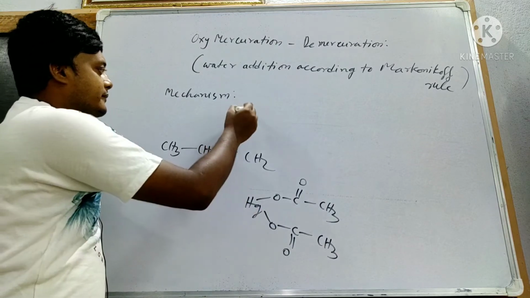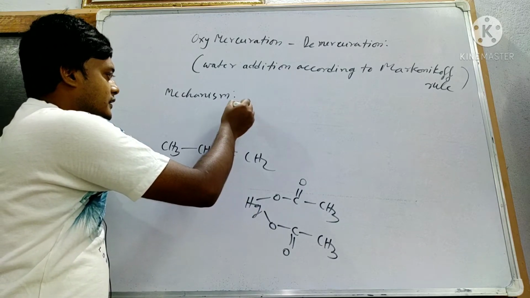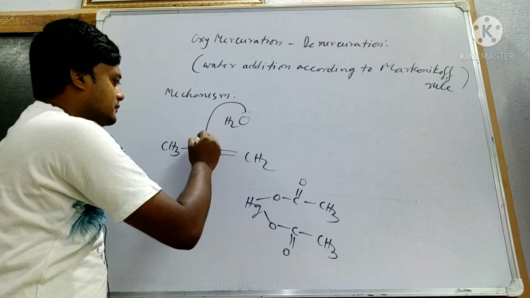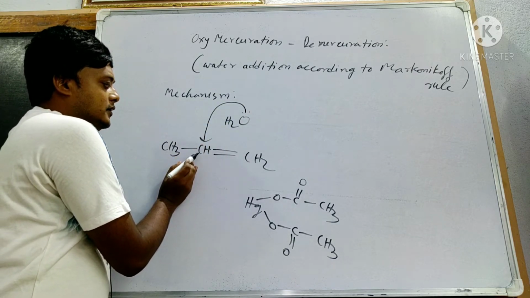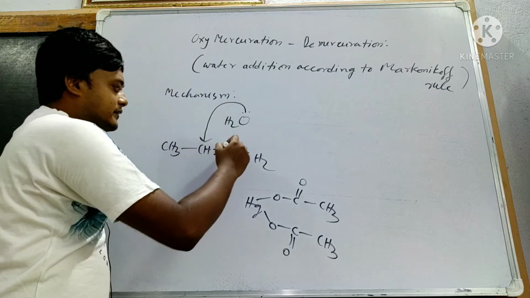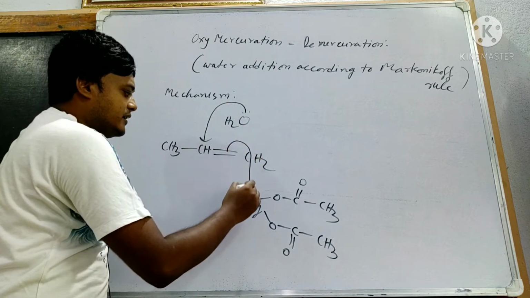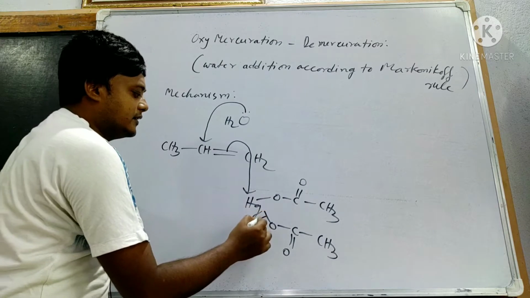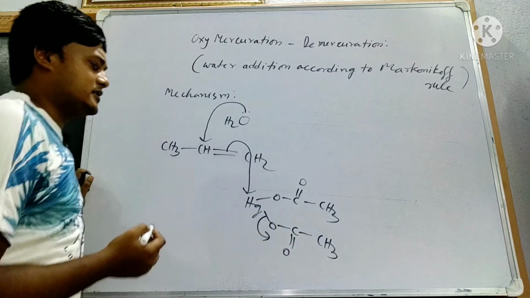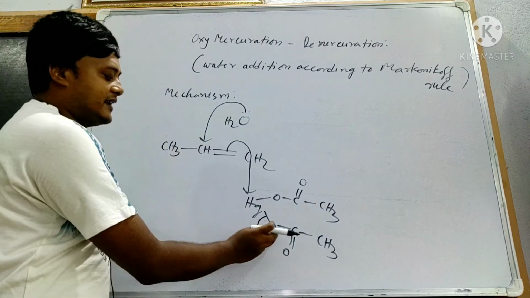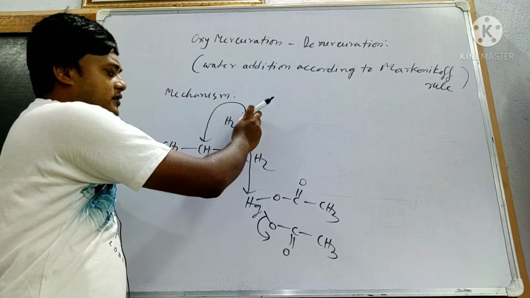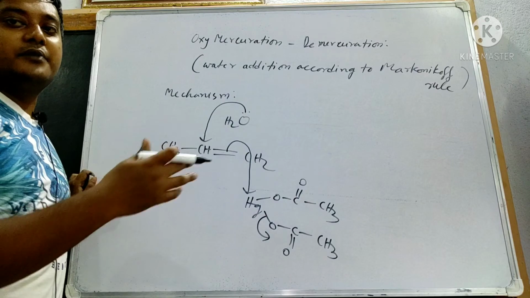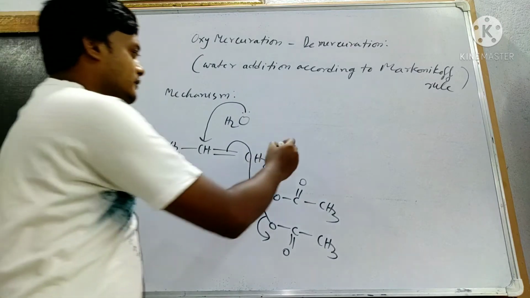The lone pair of water does nucleophilic attack to the middle carbon. Then this bond breaks and attacks the mercury, and the acetate will be released. So in first step, the acetate and H plus from the water give acetic acid as the byproduct.